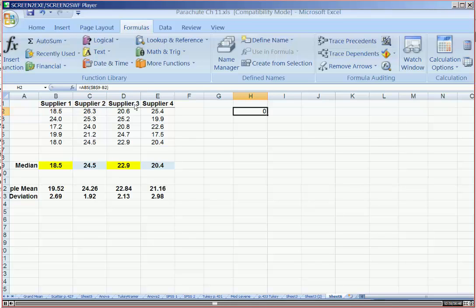We'll have to copy the column headings, because we'll need the analysis of variance for the Levene test to be appropriately labeled.